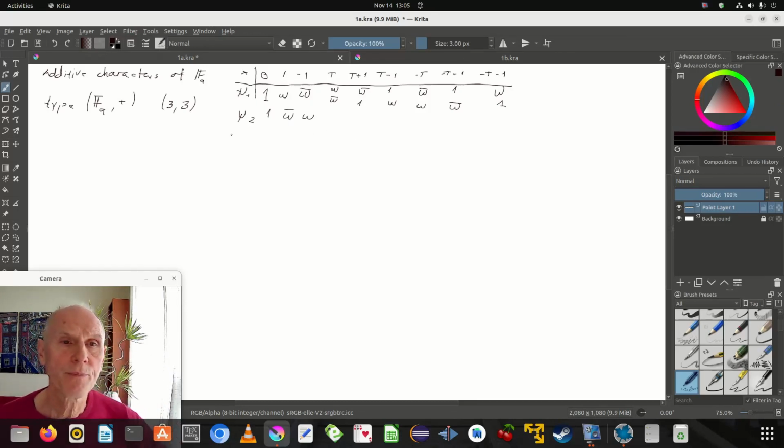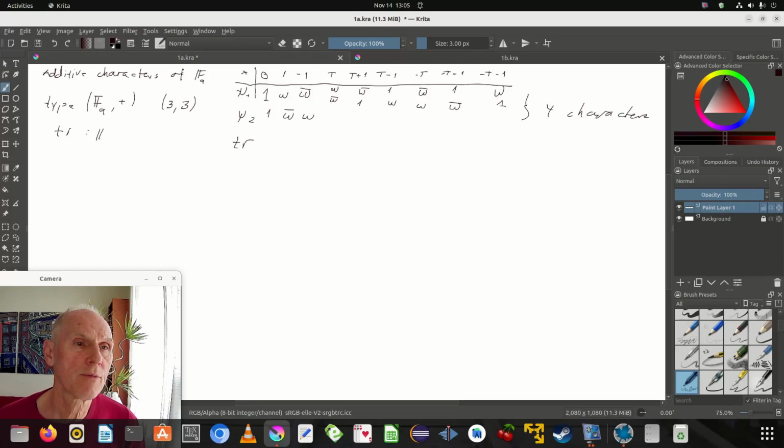Now, the one they define in the book is trace, so we have 4 all together. We need to compute the trace, and the trace of 1, it's second order of F3. So the trace is a map from F9 to F3.